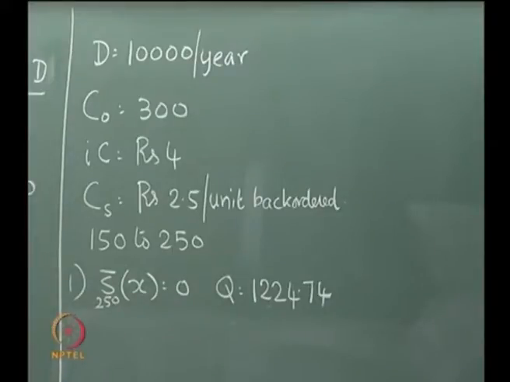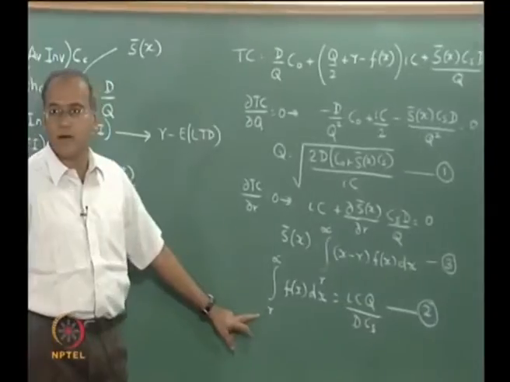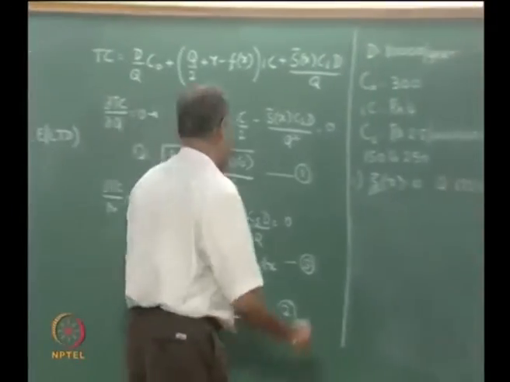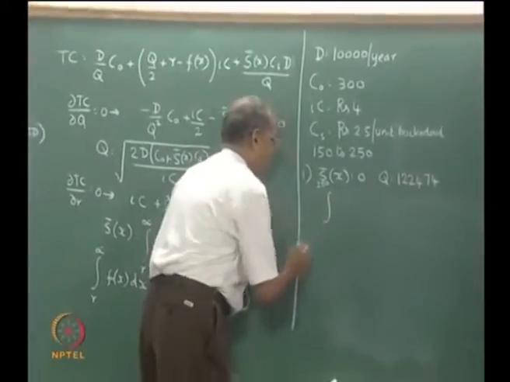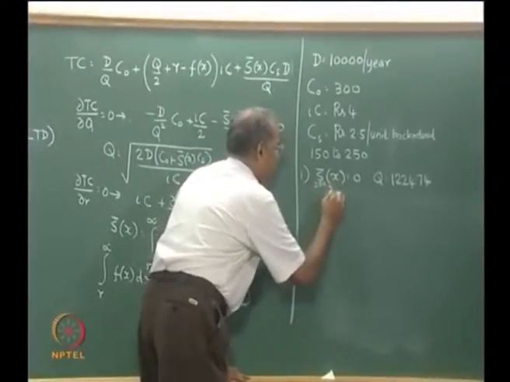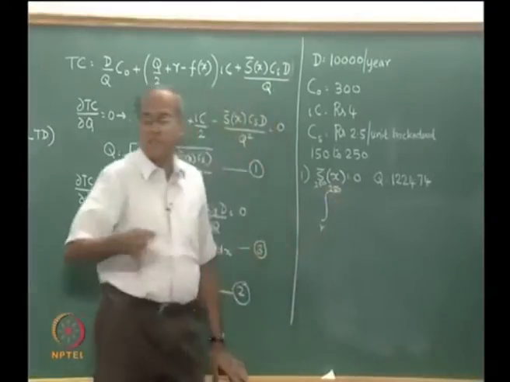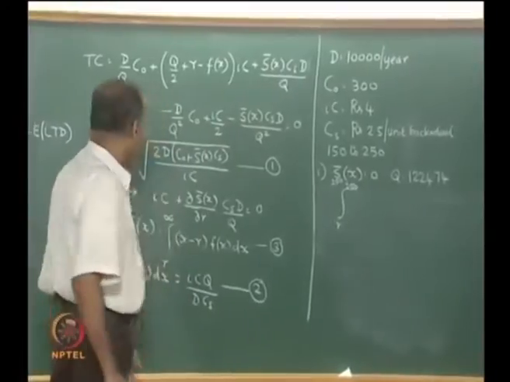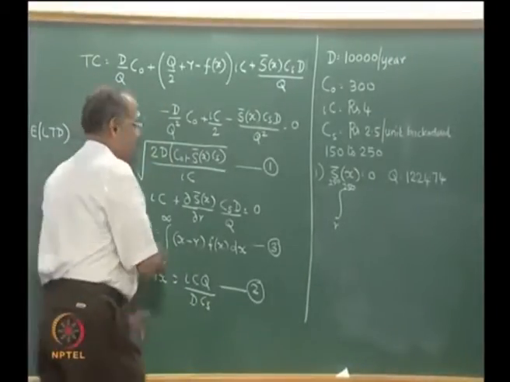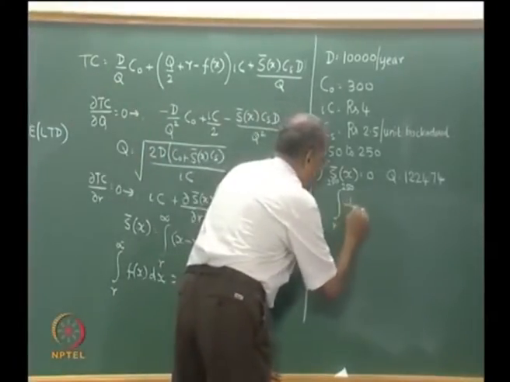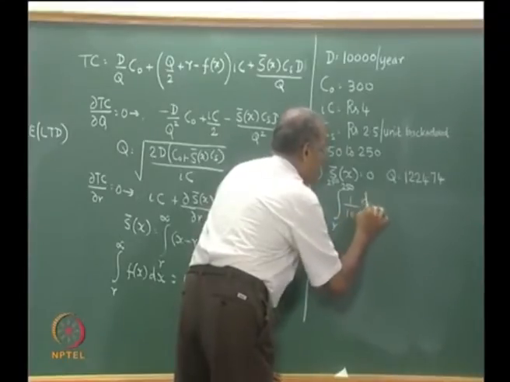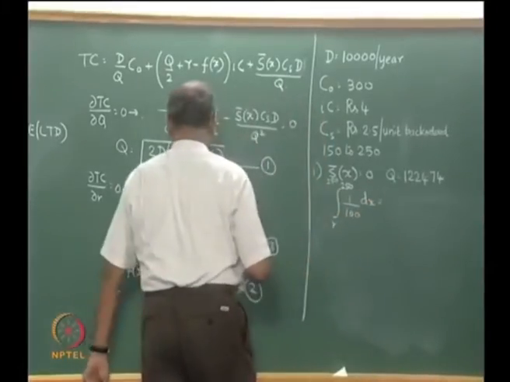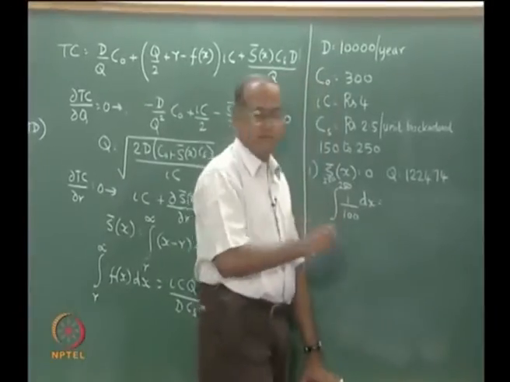We now use this value of Q in order to get R. So, the corresponding equation is integral R to infinity, so integral R to 250 in this case, it is a uniform distribution, it does not go up to infinity, it has an upper limit of 250, of f x dx. So, f x is 1 by 100, so integral of 1 by 100 dx is equal to QCC by DCS.